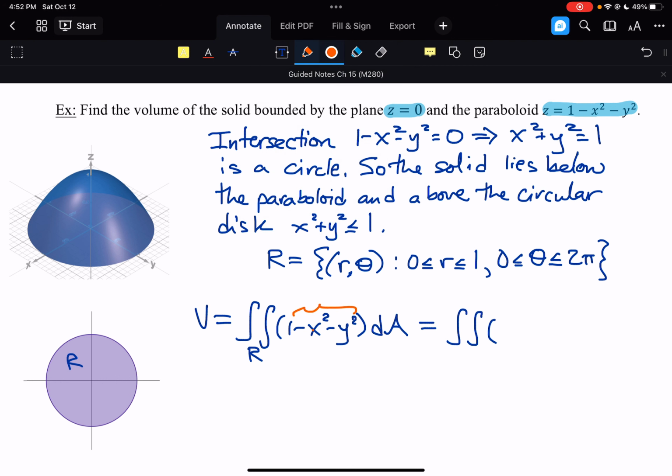Instead of converting with r cosine theta and r sine theta, notice if you factor out the -1, this is just x squared plus y squared. X squared plus y squared is just r squared in polar coordinates. So this is just 1 minus r squared. You would also get there if you plugged in r cosine and r sine directly, but it's just a little faster if we recognize that property. R dr d theta, with r going from 0 to 1, theta going 0 to 2 pi.